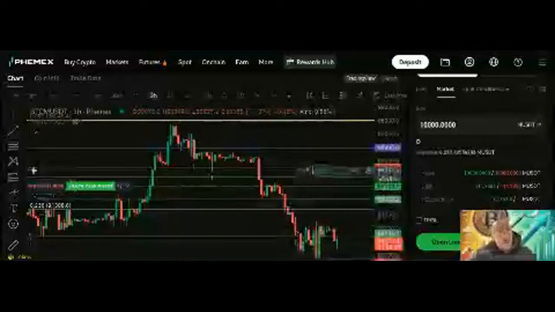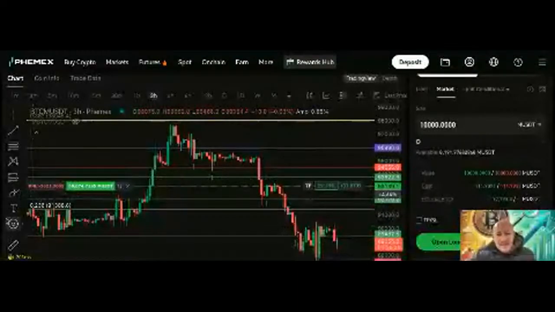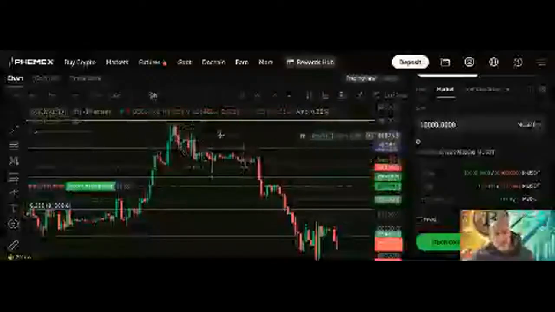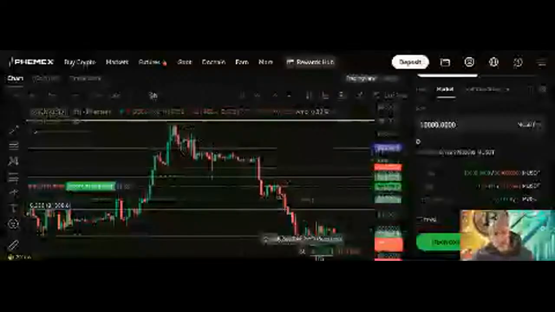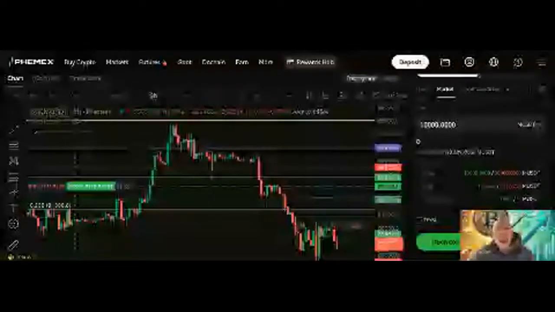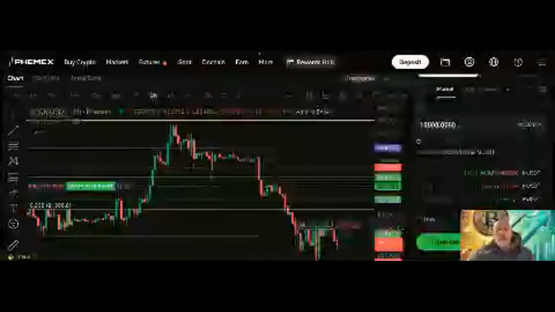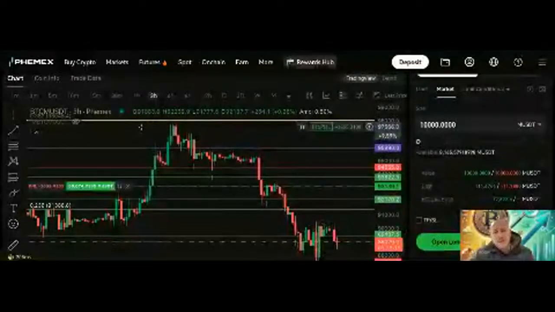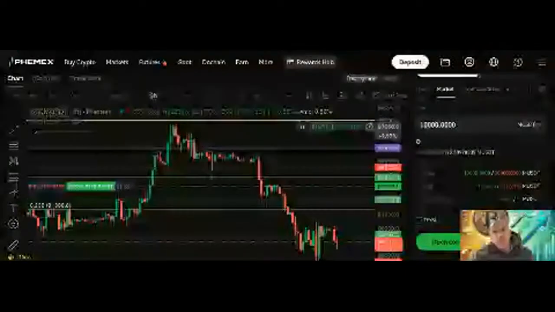And as you can see here, I am negative $2,600. I've been buying since here, all the way down to here. Okay, and now I will wait as long as it takes to get back above here before I take profits.